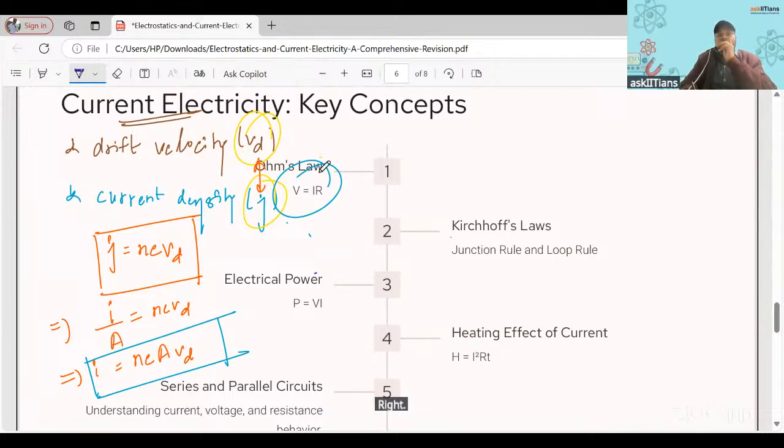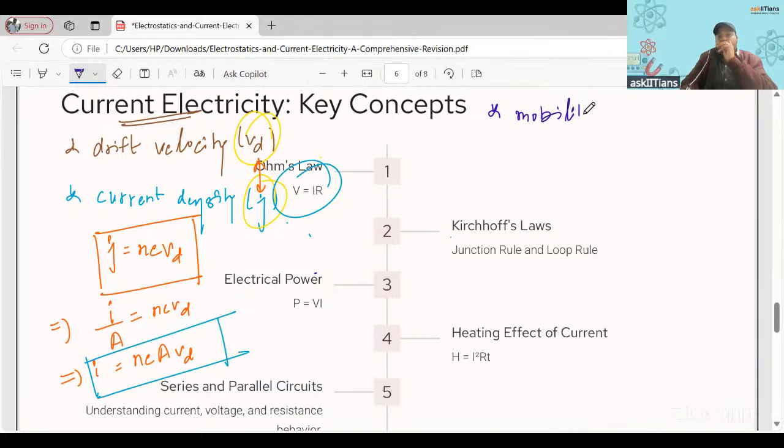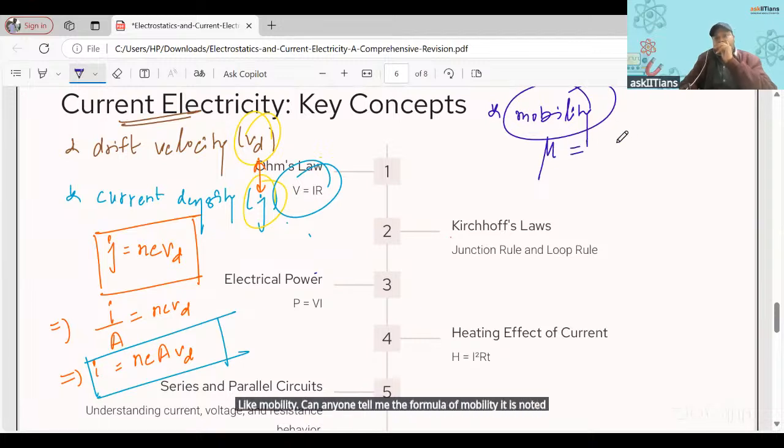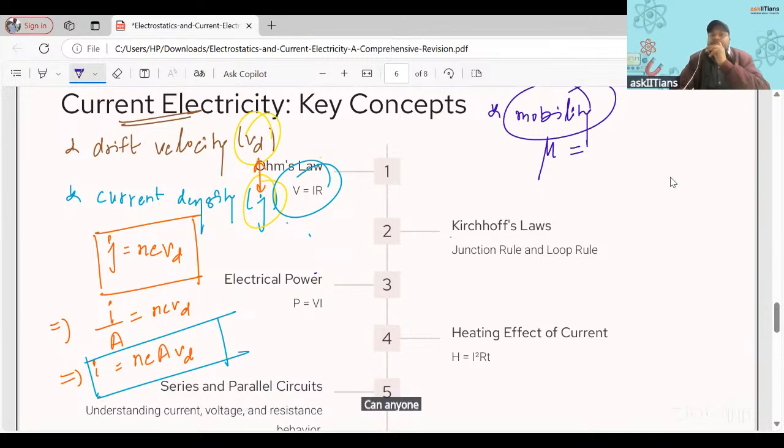Then comes the Ohm's law part. Also, one more important thing: there is a concept known as mobility. Can anyone tell me the formula of mobility? It is denoted by mu. You might feel this part of electricity is a little complex, but you just have to know the formula.